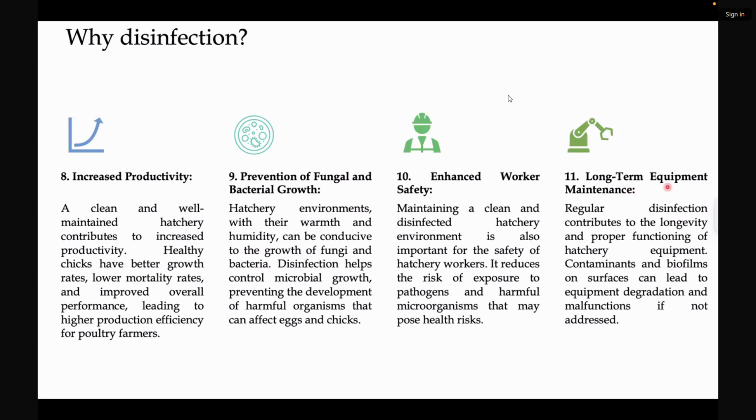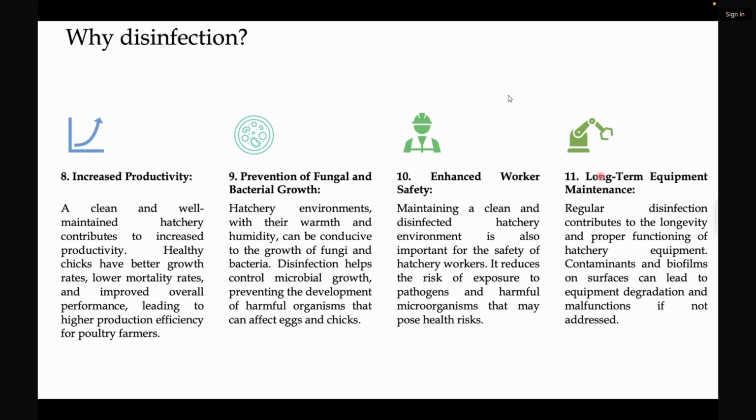And long term equipment maintenance. You must know that if we maintain and calibrate an equipment, that lasts longer than if we are not calibrating or not taking care of the equipment.